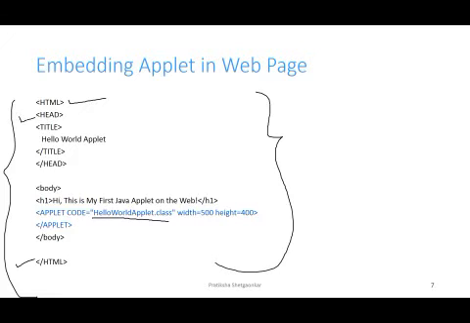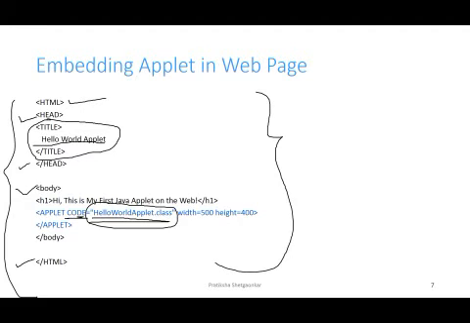Next is the head section, or the head tag, which has many details about the web page and usually includes the title tag within it. Whatever is there in the title tag will appear in the title bar of the browser, and then the body text comes, which is the main text of the web page. We are going to place our applet tag in this body section of the web page, which has the code as an attribute, and to this code attribute we are going to pass the name of the class file which is generated after compilation of the previous Java code.